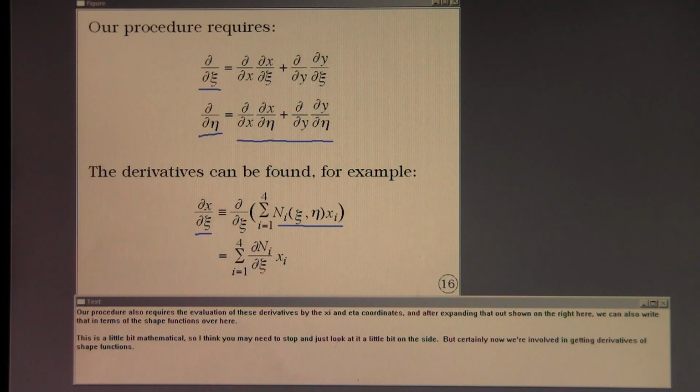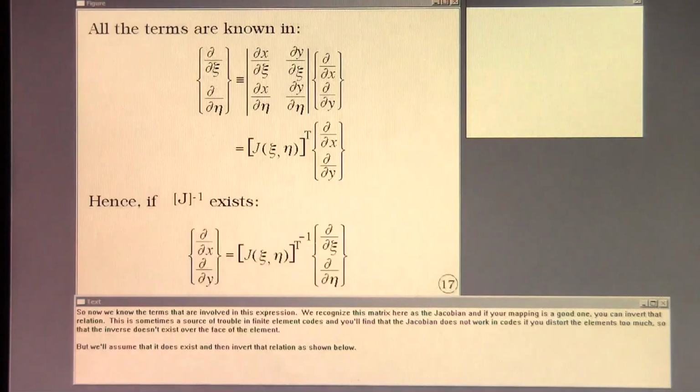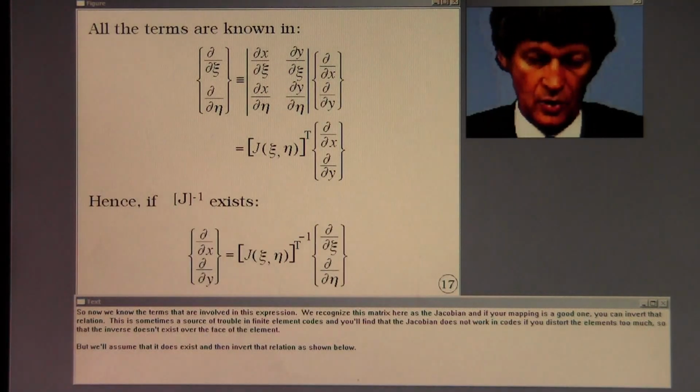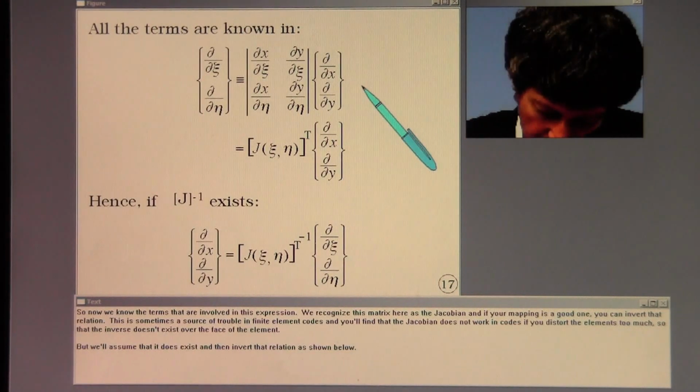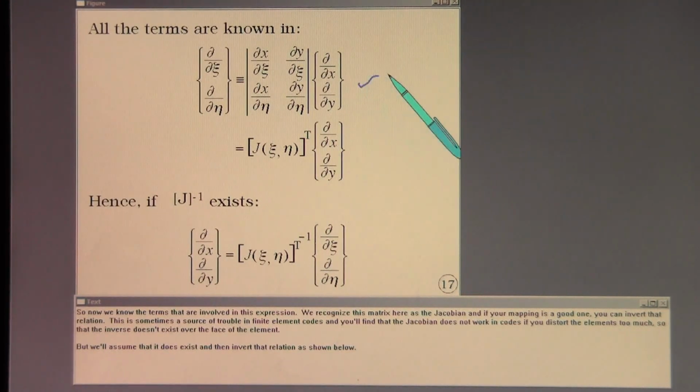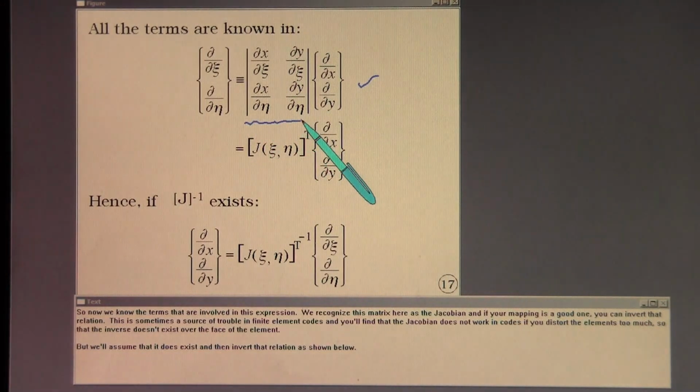But certainly now we're involved in getting derivatives of shape functions. So now we know the terms that are involved in this expression. We recognize this matrix here as the Jacobian.